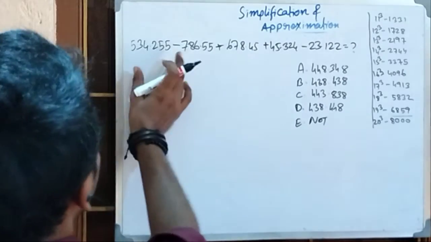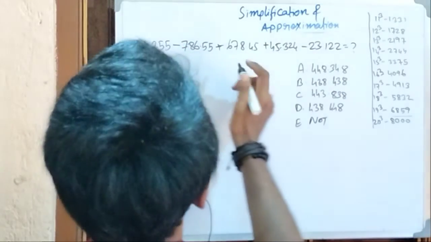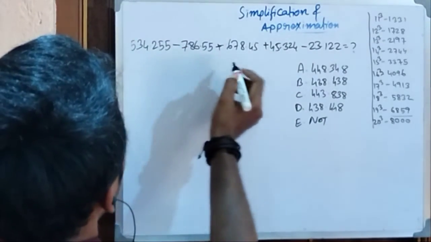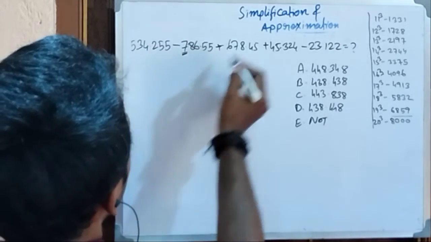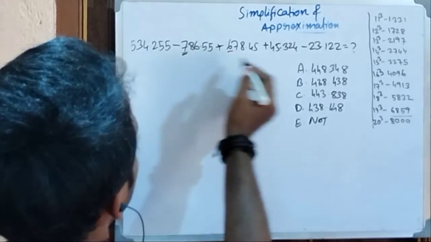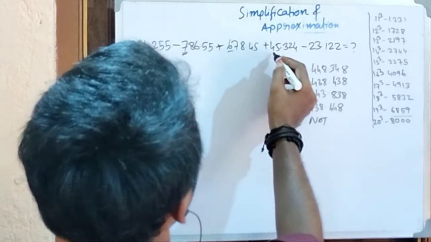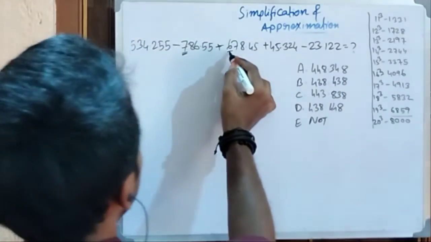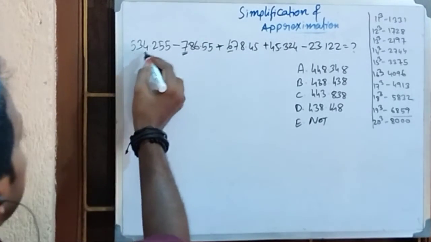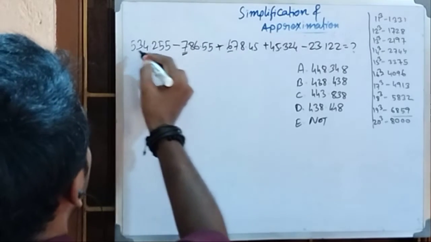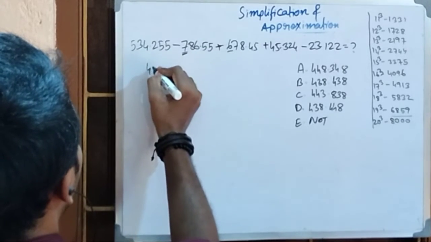So this is just a simple addition subtraction process. Okay, so what do you do? See here 700, 600, and this is 45.23, and here it's three terms: 678, 100 term, 786, 100 term, 534, 100 term. So minus 100, minus 100, 500, so 400.